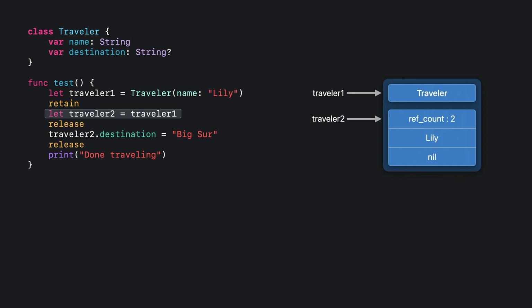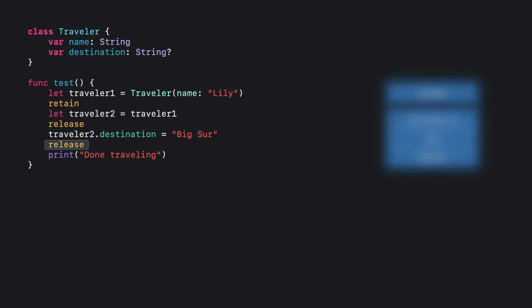After the last use of the Traveler1 reference, the release operation executes, decrementing the reference count to 1. Then, the destination of the traveler object is updated to Big Sur. Since that was the last use of the Traveler2 reference, a release operation executes, decrementing the reference count to 0. Once the reference count drops to 0, the object can be deallocated.